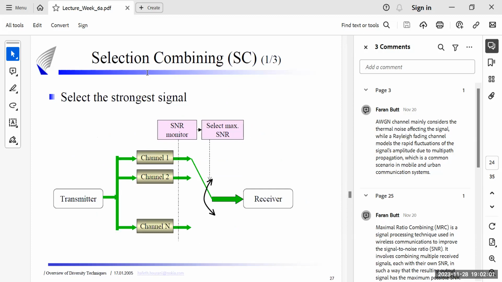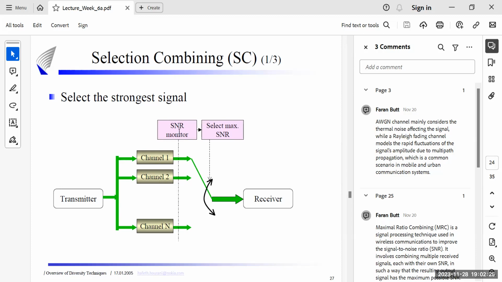The combining technique in which, out of N channels, you select the channel that has the maximum SNR is known as the selection combining technique. So this is a transmitter. We have multiple branches or multiple channels, and we have some SNR monitor.